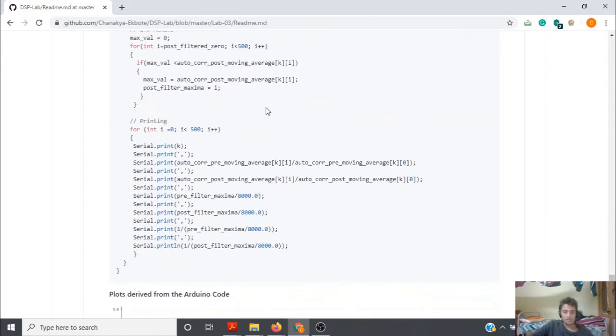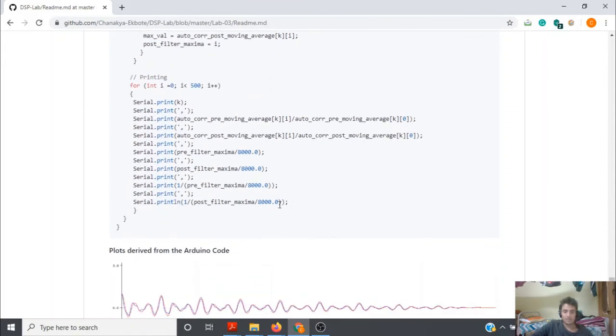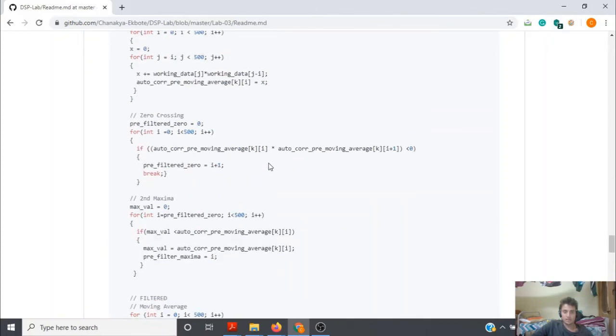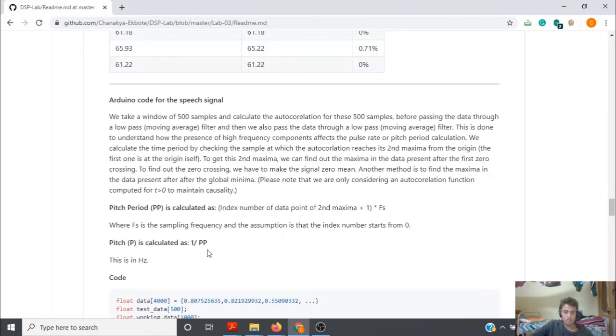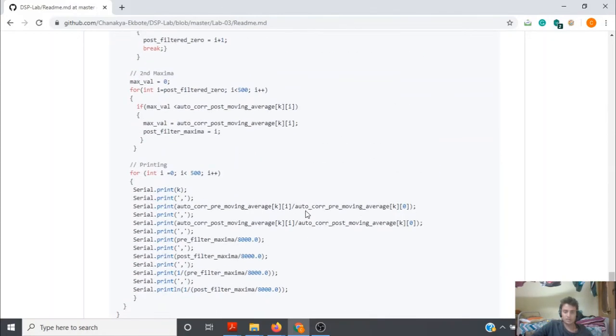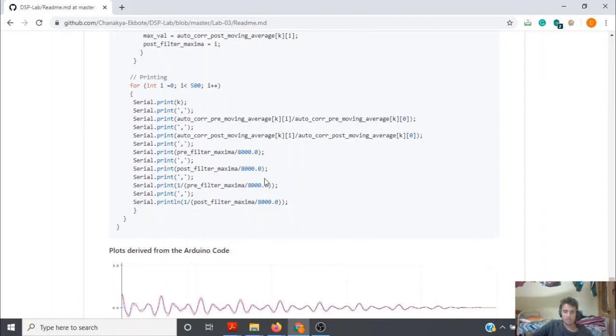The code more or less remains the same other than a few edits here in the end, because we have to divide this by the frequency. Your sampling frequency is 8000 hertz, and therefore we divide this by 8000 hertz.